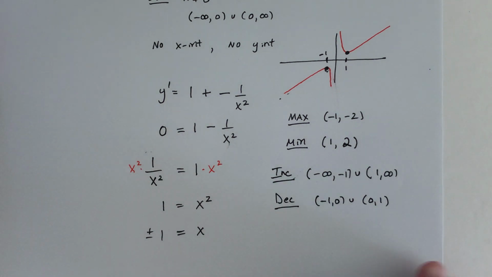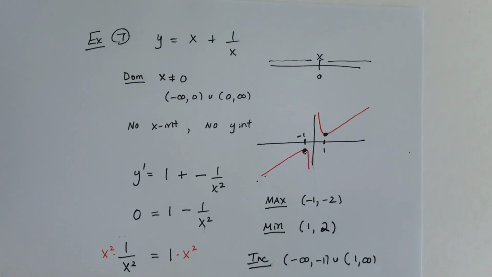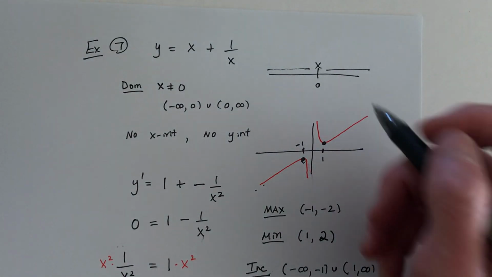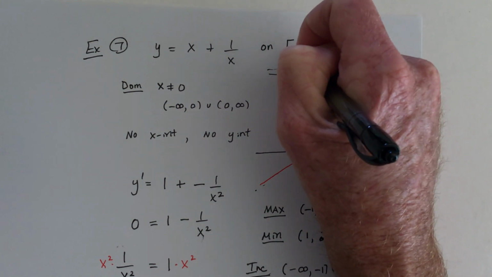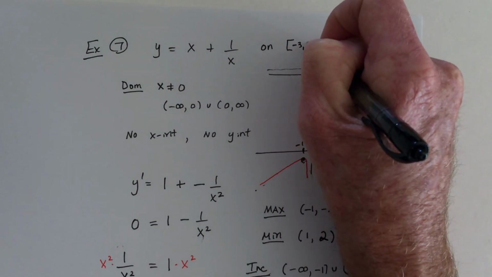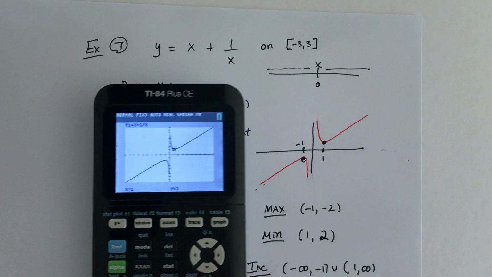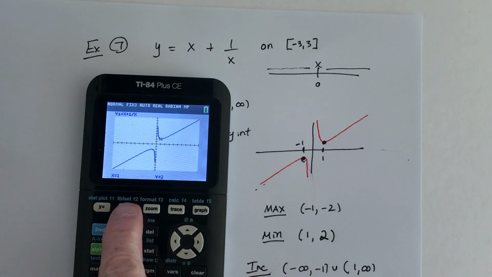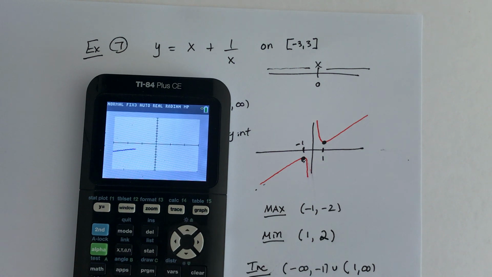All right. Now there's one last piece that I want to add, because they do add this on the homework. What if they said from the beginning, look at it from negative 3 to positive 3? So we've done almost all of the work, except now change the window so that x goes from negative 3 to positive 3. And then look at the graph. So we're basically just zooming in on the graph.